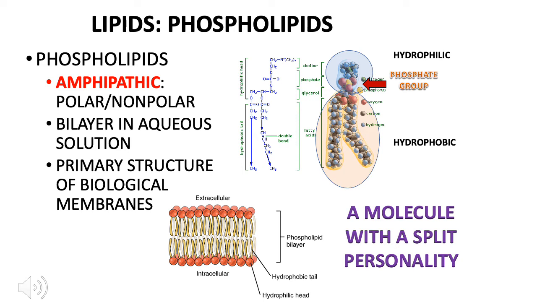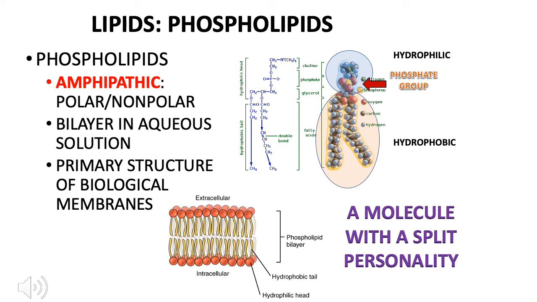So phospholipids are similar to triglycerides in their structure, but the big difference is one part of the molecule, the head, is polar, hydrophilic. The other part of the molecule, the tail portion, is hydrophobic. It's nonpolar. As a consequence, this is a molecule with a split personality.